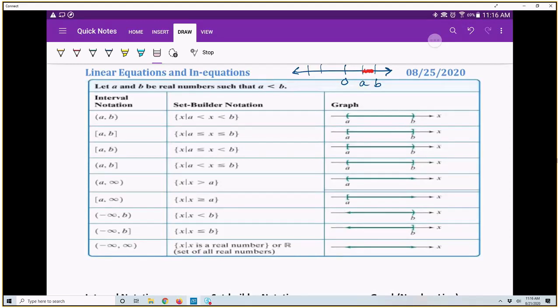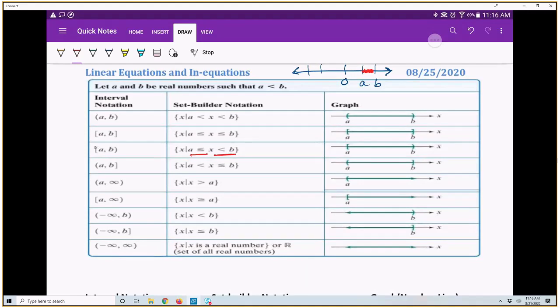You could also have one of them included and the other one not. So in the third example here, you have a is less than or equal to x, and x is strictly less than b. When we say strictly less than b, we mean not equal to b, smaller than b.